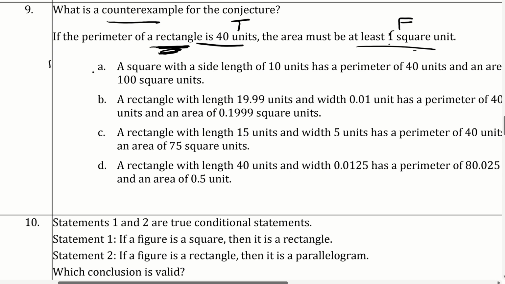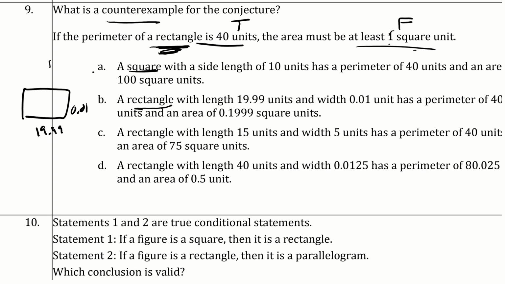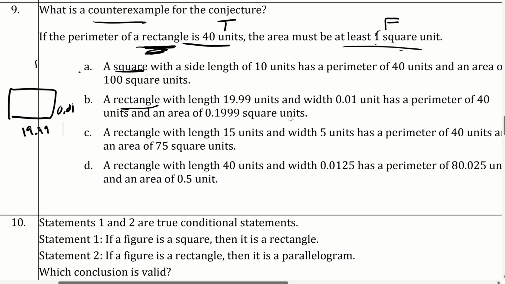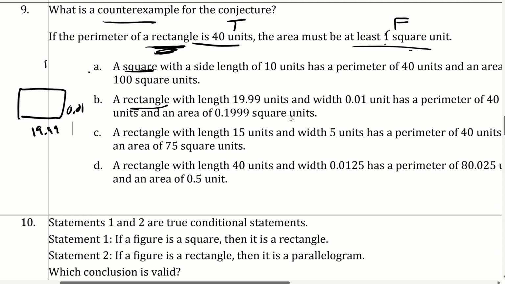So we want this to be a rectangle. So because of that, we're not going to choose A just yet. We're going to look to see a rectangle. That looks good so far, with a length of 19.99 and a width of 0.01. So if I add this plus this, and then 19.99 and 0.01, that would get me to 40.